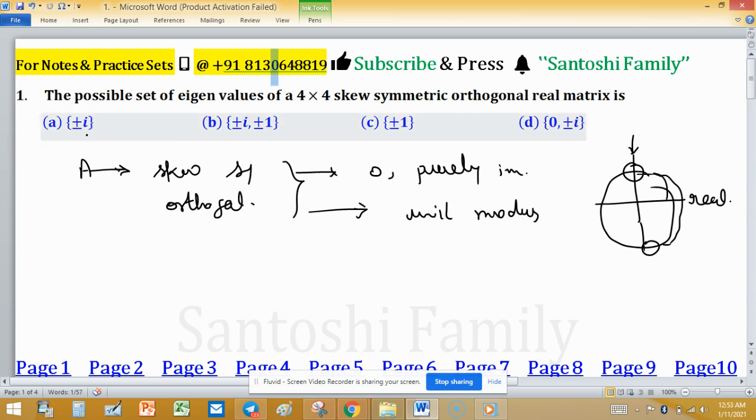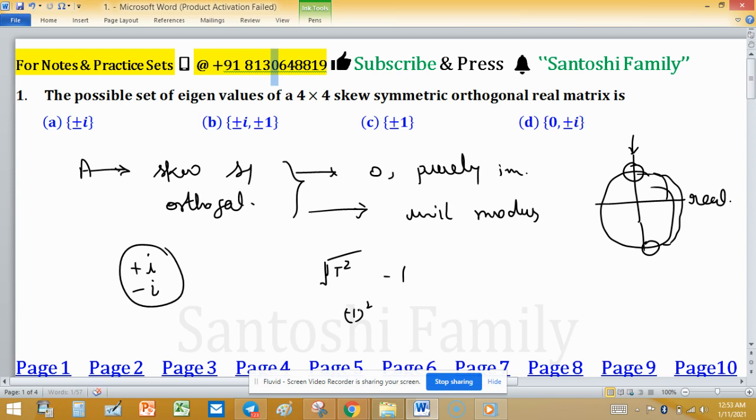So it may be a possibility, because the purely imaginary values given are either positive iota or negative iota, and if we check the modulus, the square root of 1 squared is 1, and the square root of minus 1 squared is also 1. So both are true for a skew-symmetric orthogonal matrix.